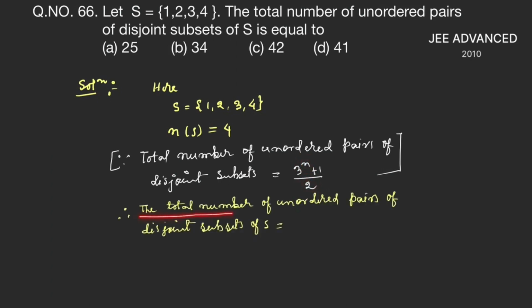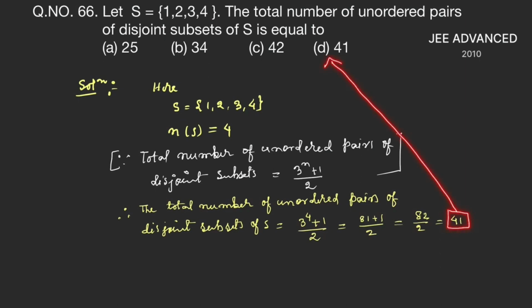Therefore, the total number of unordered pairs of disjoint subsets of S is equal to (3 to power 4, that is the number of elements, plus 1) divided by 2, which is equal to (81 plus 1) by 2, which is 82 by 2, that is 41. So 41 is our correct answer. Option number D is our correct option.